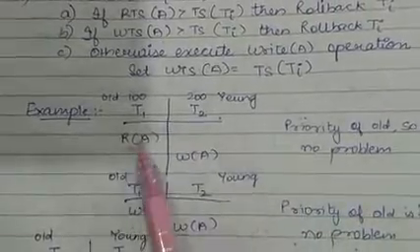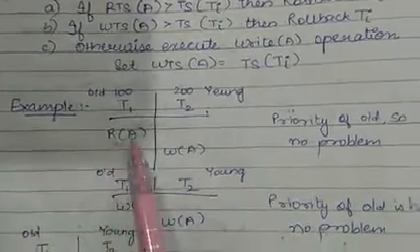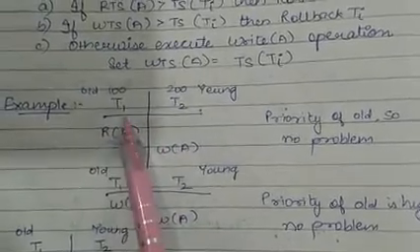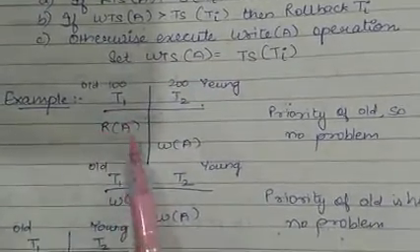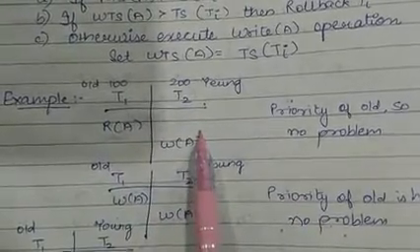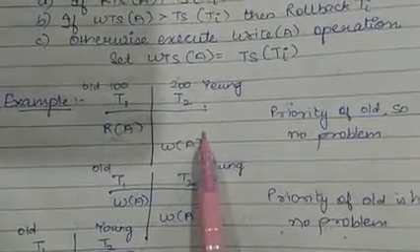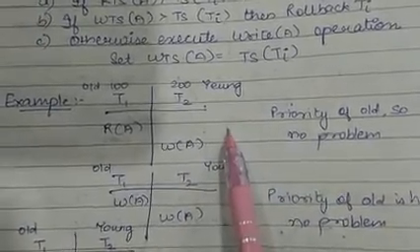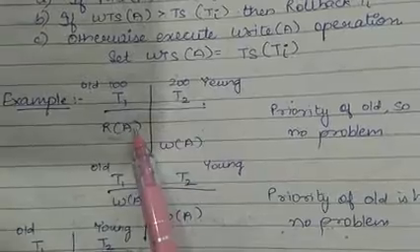so this RA and WA means this has the priority of the oldest transaction. After executing this operation, we are going to execute the youngest transaction's operation. So there is no issue or conflict here.